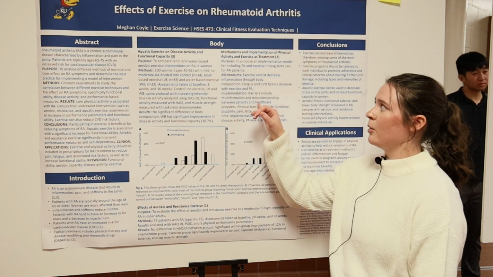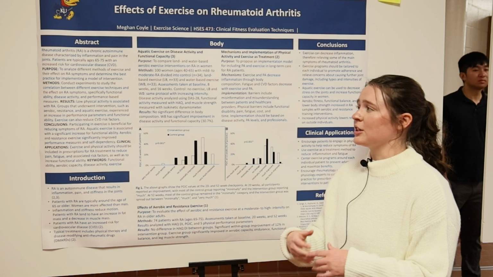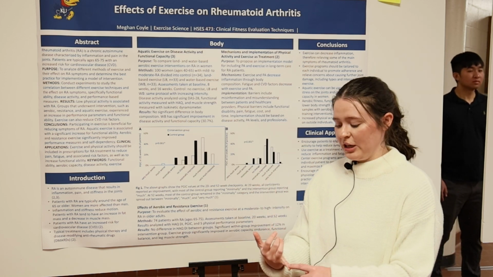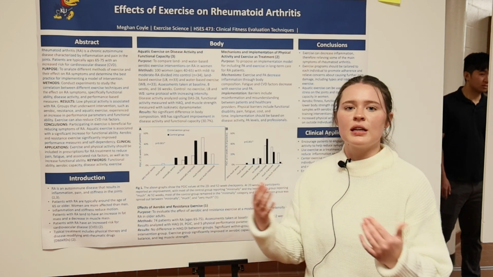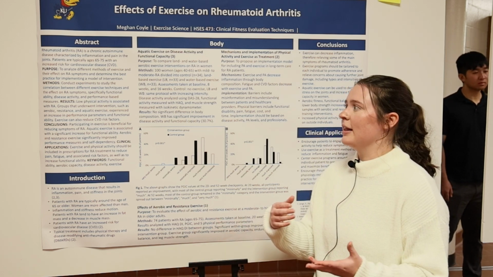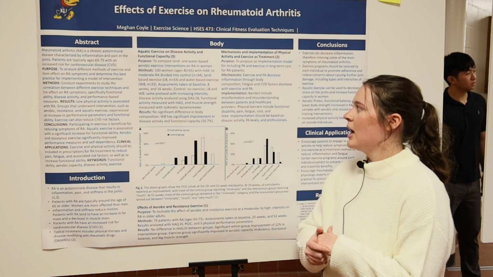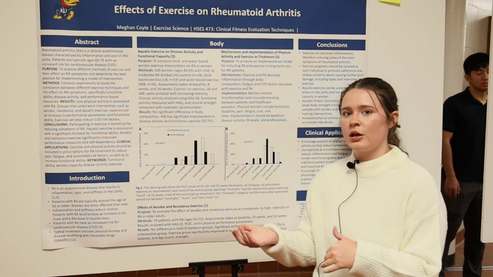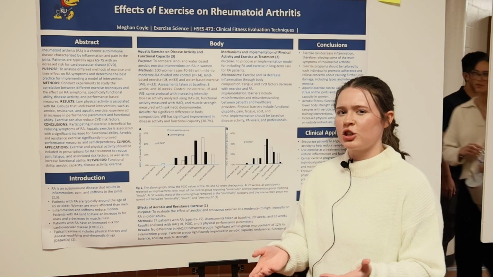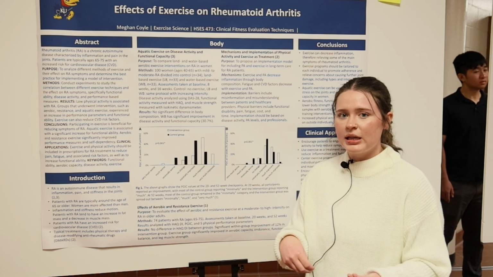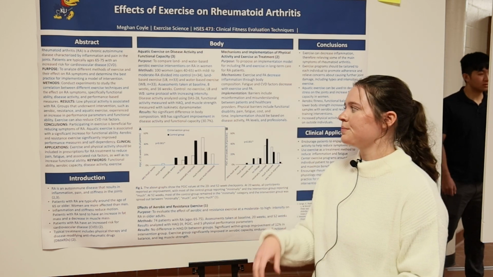The final thing that I looked at was mechanisms and implementation of this model. So essentially, exercise is helpful because it can reduce inflammation, partially through reducing body composition. If you have less weight, there's less stress on your joints, and therefore it can decrease the pain that's related to rheumatoid arthritis. However, there's a couple barriers to providing an actual implementation model, and a lot of it has to do with just misunderstanding or misinformation about what the disease actually is, and how exercise can affect it.